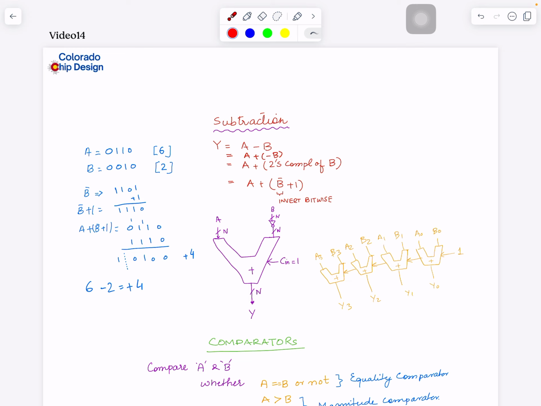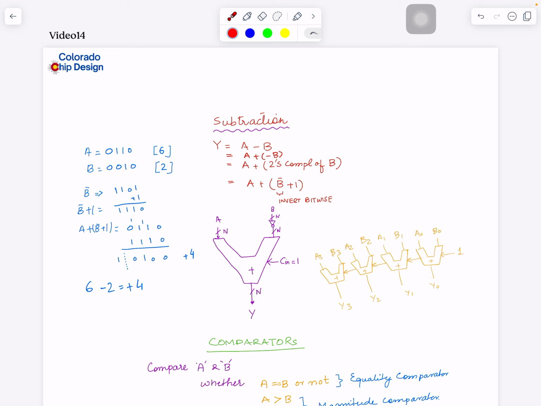Then you want to calculate the 2's complement of 2, because this is our a and this is our b. So first component is b dash, and then b dash plus 1.